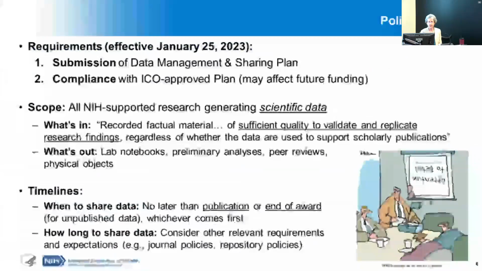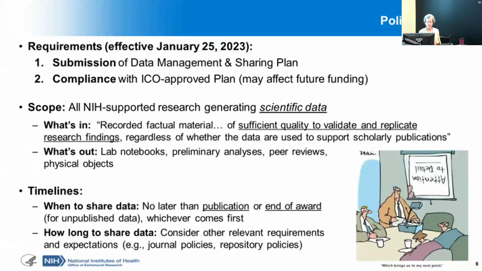In a nutshell, as of January 25th, as part of the award process, you're submitting a data management and sharing plan, and then you comply with it. That's pretty much the general idea there. And what's in is basically research that supports science or that generates scientific data.